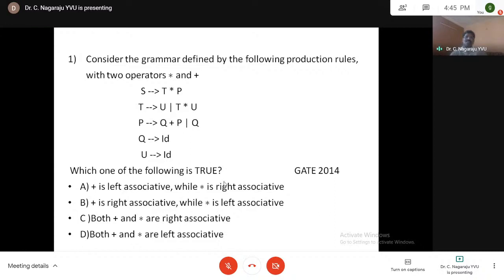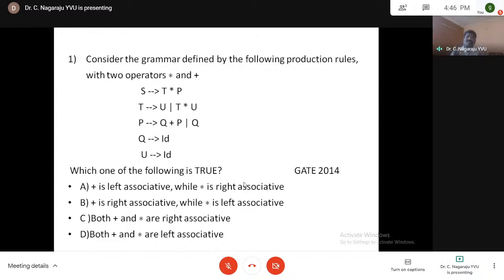While for star, when you see T star U, T can have the form of U or T star U. So T is before the star, which means the expansion of the T production is on the left side. That's why star is left associative and plus is right associative.